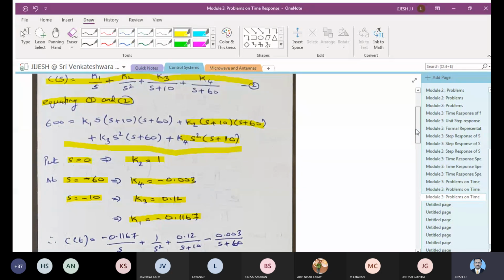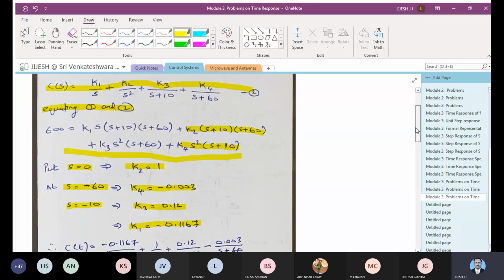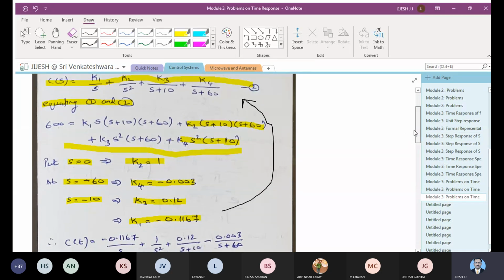Once you get the values of k1, k2, k3, k4, substitute them in equation 2. So you need to substitute all these values in equation 2, and you can write it here. You will get C of s in this form.